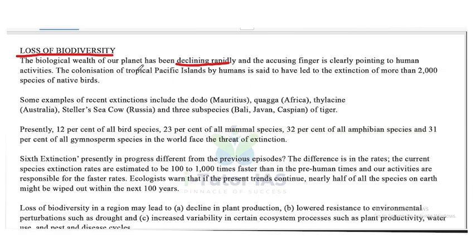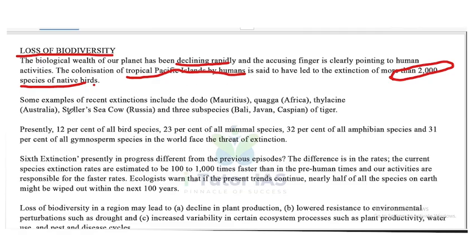The colonization of tropical Pacific islands by humans is said to have led to the extinction of more than 2,000 species of native birds. So 2,000 species of native birds became extinct due to the colonization of tropical Pacific islands by humans.